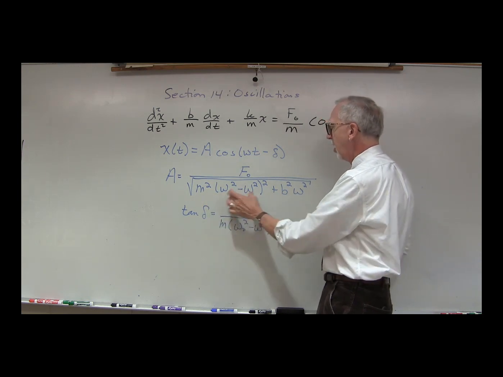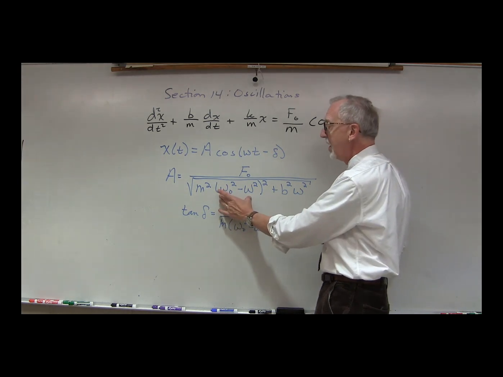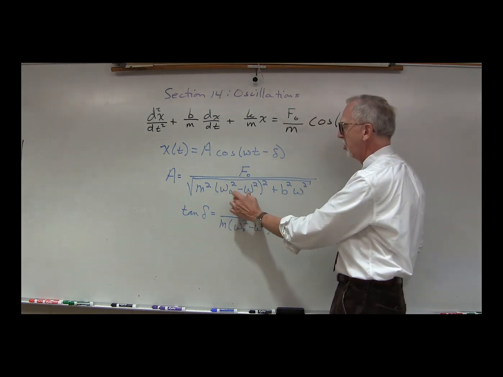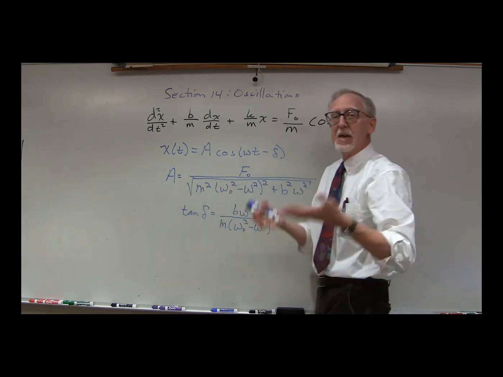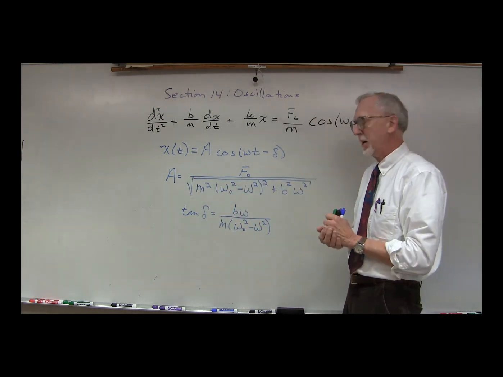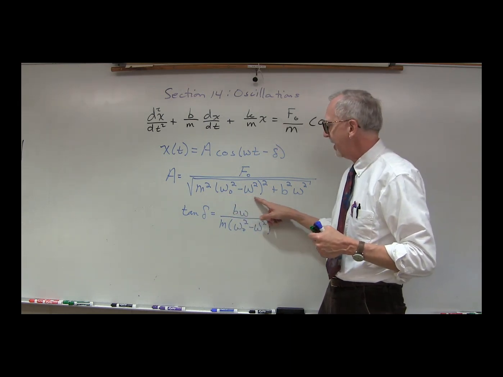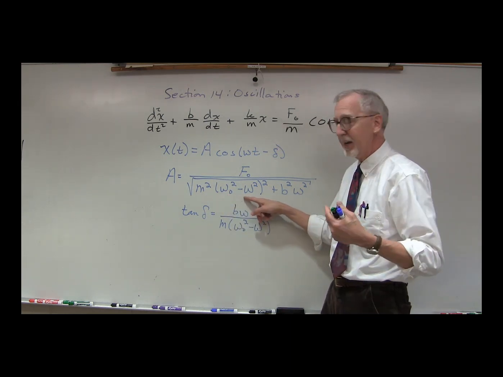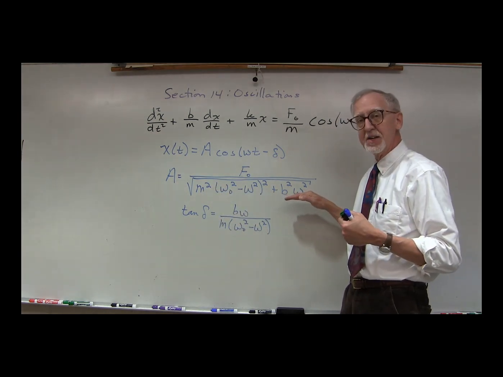Even though this term will be getting bigger, the overall denominator will still be getting smaller because of the reduction in this term here, and the amplitude will be getting bigger. It will continue to get bigger until ω is equal to ω₀, in which case this term will be 0, and that will be the minimum value for the denominator.